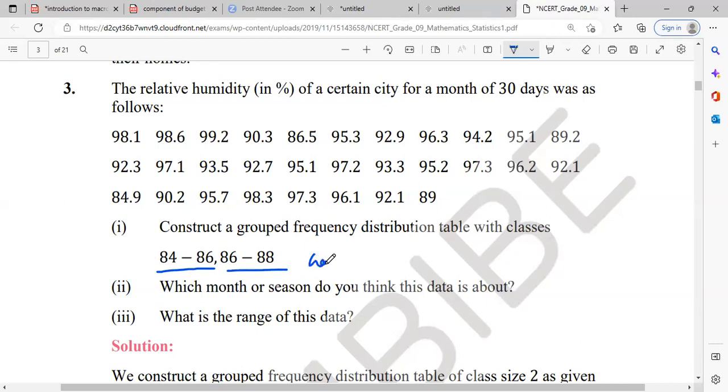So you will construct another table keeping the gap of 2 only. Just check the highest one and accordingly stop there. Then you have to answer which month or season you think this data is about, and then what is the range. I'll tell you how to find out the range. Okay.